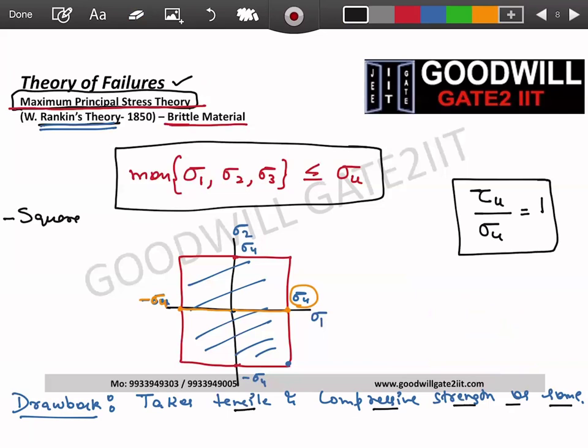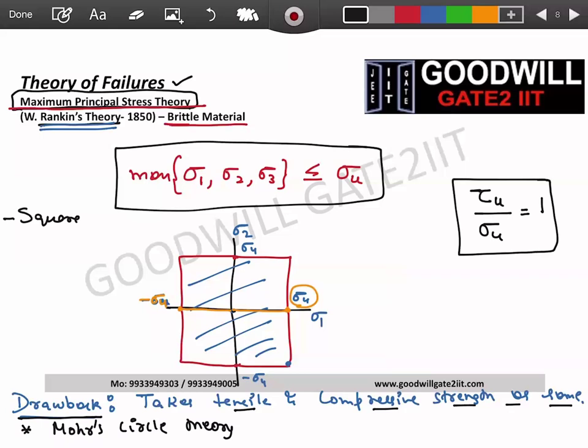And this is only a note just for your knowledge, not for your GATE. To overcome this drawback, there is a theory known as the Mohr circle theory of failure. This is basically the sixth theory. You will not find this in every textbook. Most recent textbooks or some international author books have this.